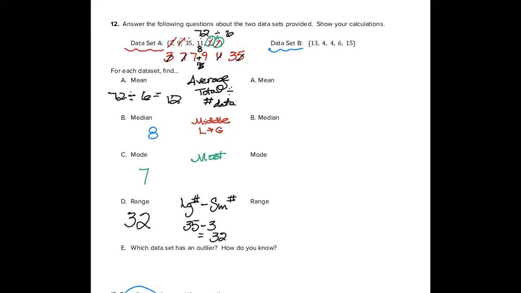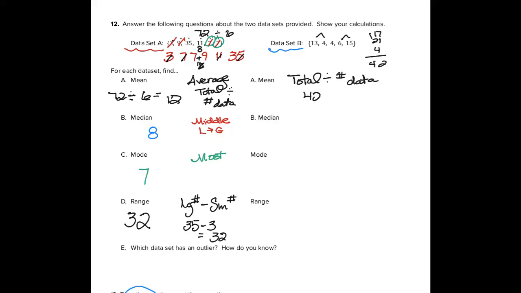All right, data set B. Let's find the mean of that. That's the average again. So I need to find the total and divide by the number of data that I have. My total: there's 17, there's 21, and 4, 5, 12, looks like 42.